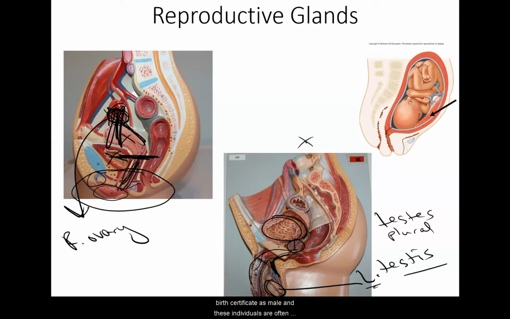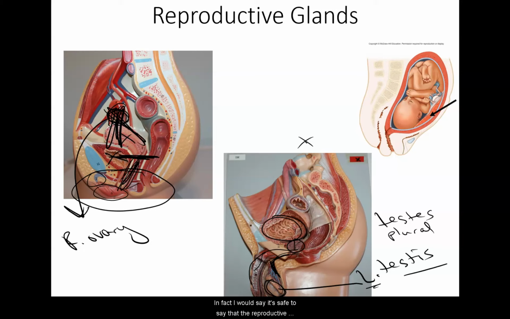And these individuals are often raised as male, even though they do in fact have a vaginal canal, a uterus, and ovaries. So rather than making things very binary, I'm just going to try to avoid using the terms male and female when I'm referring to the reproductive organs, because there is a tremendous amount of variability.